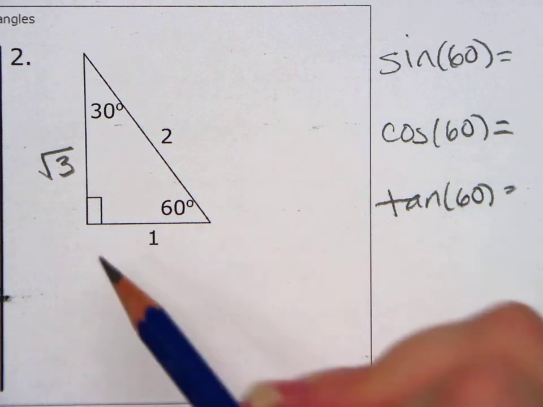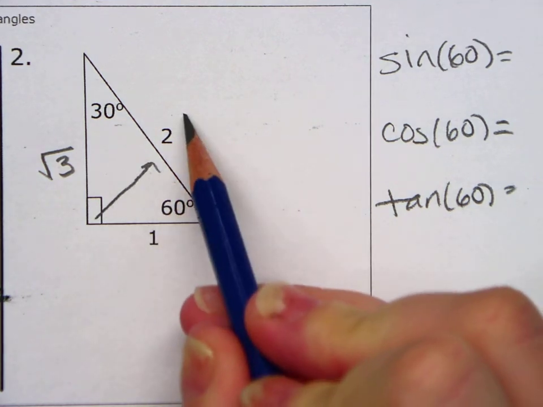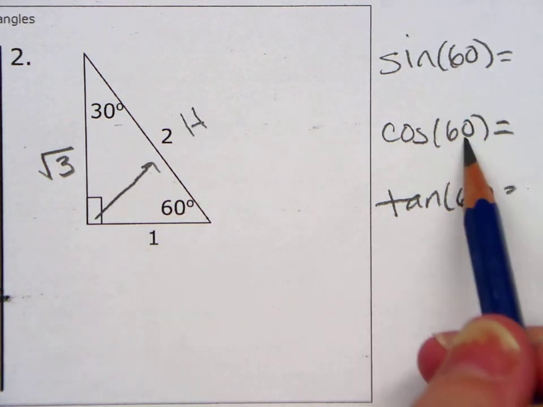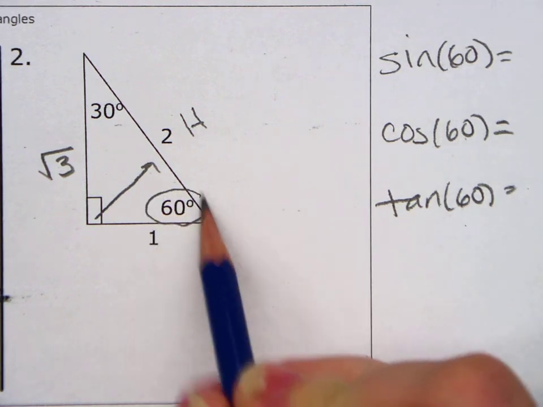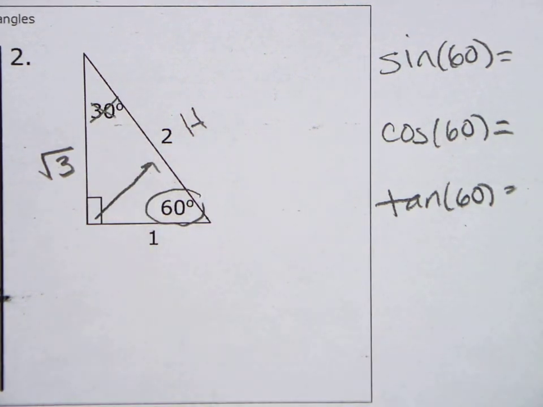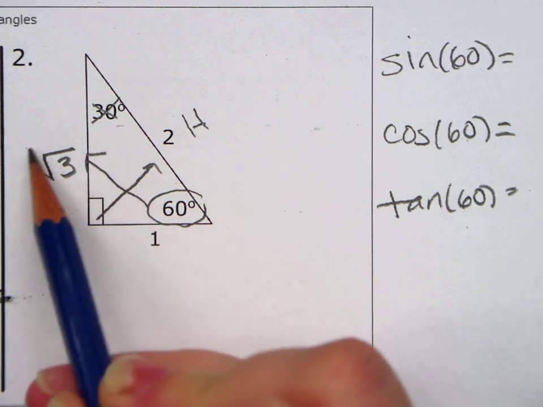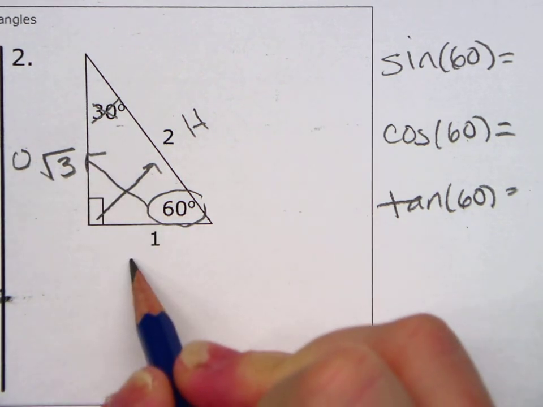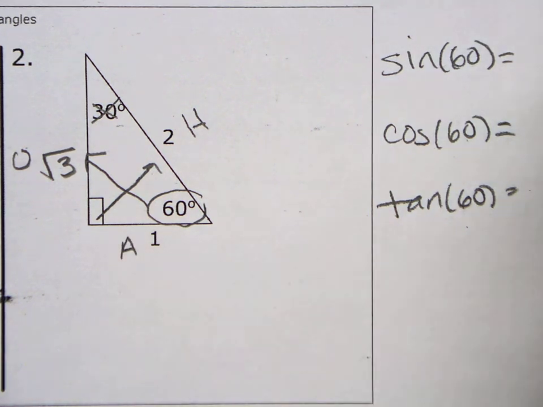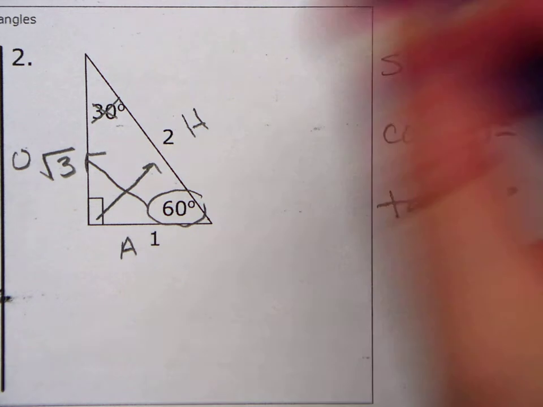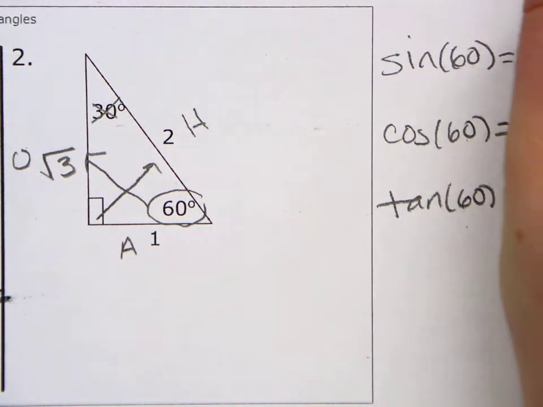So we have to label. Our hypotenuse is 2. Since we're dealing with 60, this is the angle. Pretend that 30 isn't even there for a second. So opposite is radical 3. Adjacent is 1. Sine is opposite over hypotenuse, so radical 3 over 2.